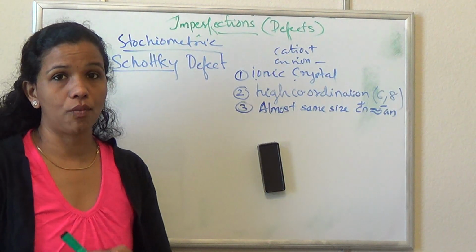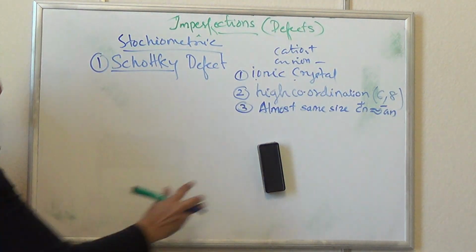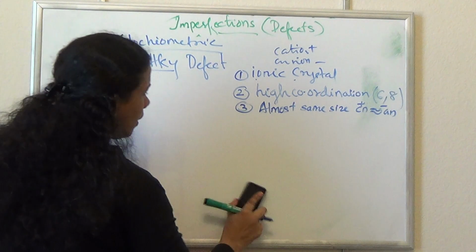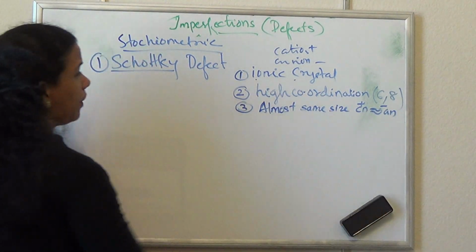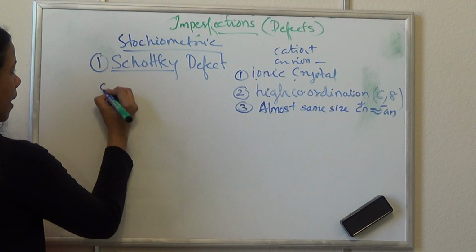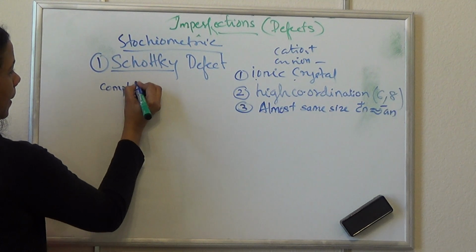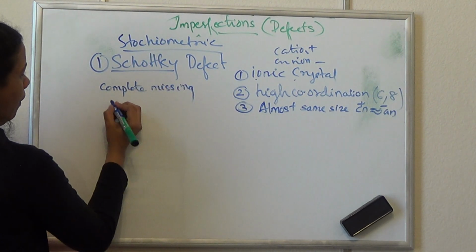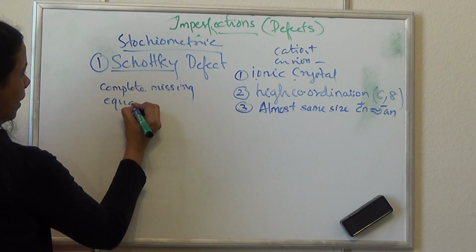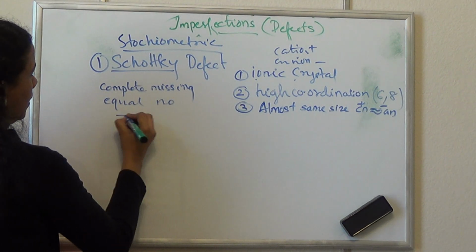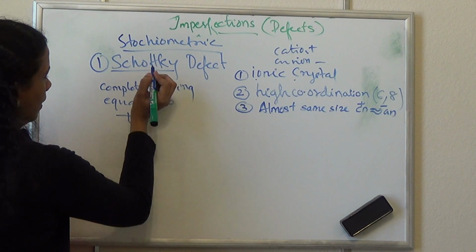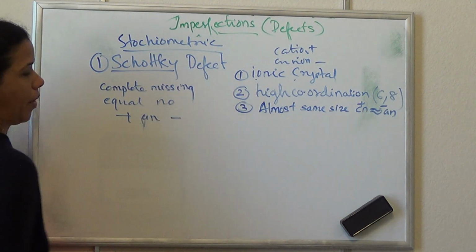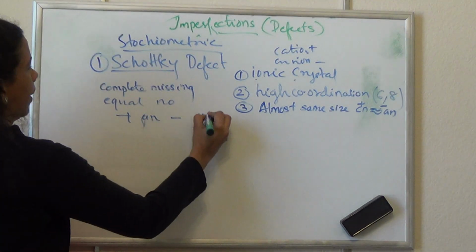Next we are going to study what Schottky defect is. Definition-wise, Schottky defect is the complete missing of an equal number of positive and negative ions from the crystal.